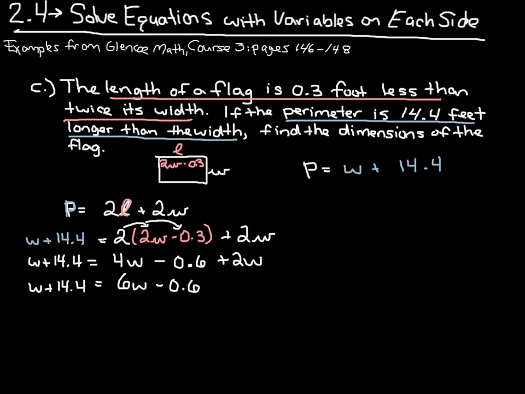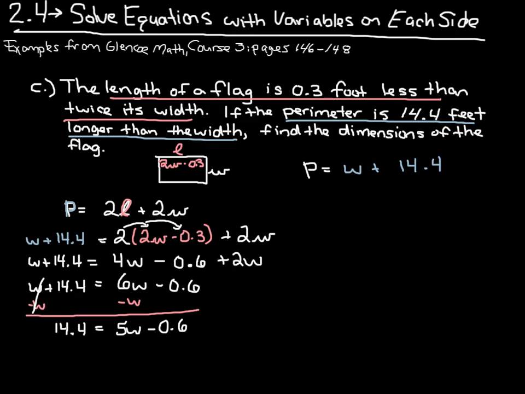Now we can subtract this W from both sides. This cancels. We're left with 14 4/10 equals 5W minus 6/10.